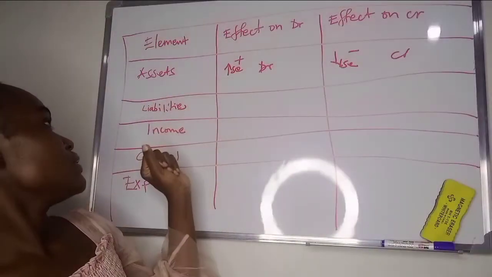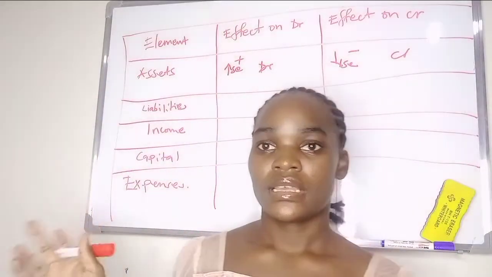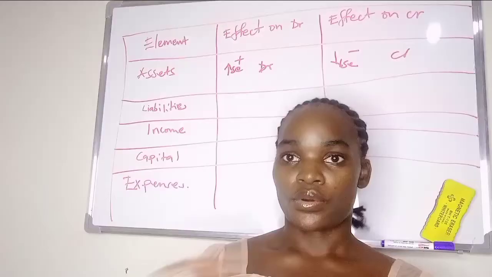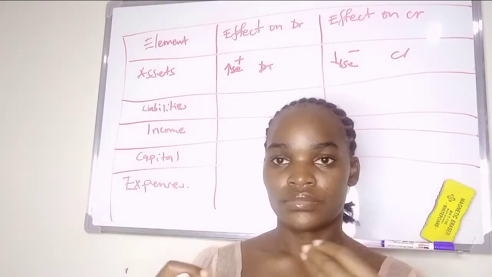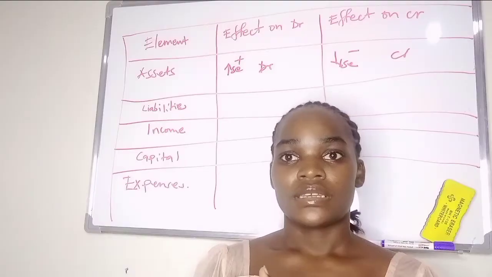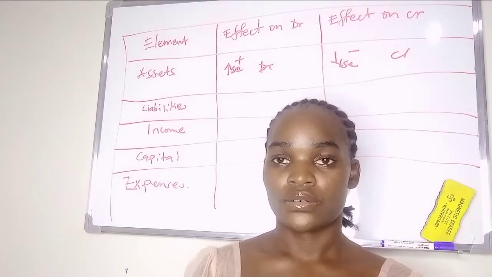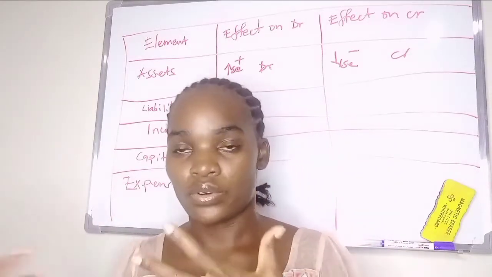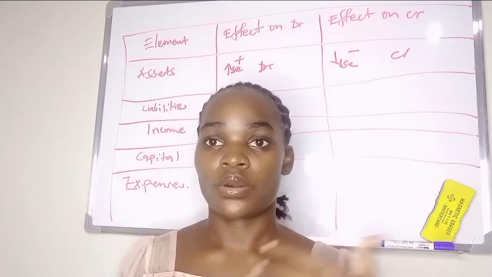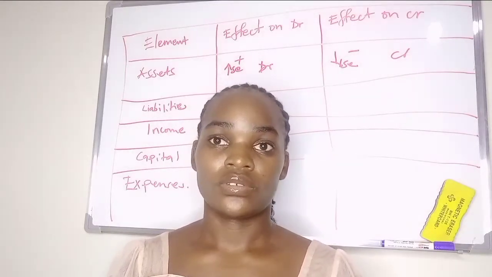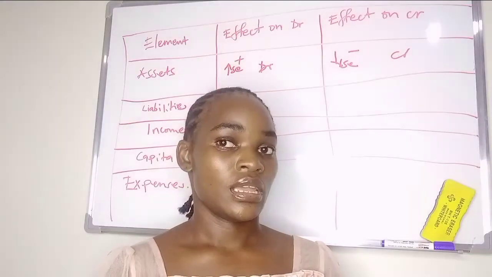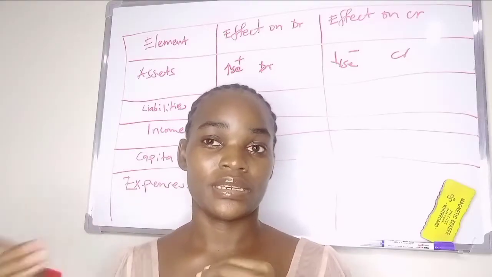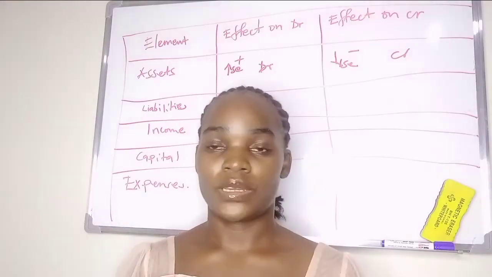Then liabilities. Liabilities are debts. It's the opposite of assets. When a liability is increasing, you credit. When it's reducing, you debit. Let me give an example of trade payables. If you get more goods on credit, you credit the trade payables account because liabilities are increasing. If you pay some of the creditors, you debit the trade payables account.